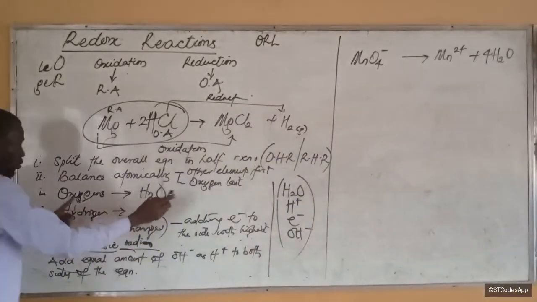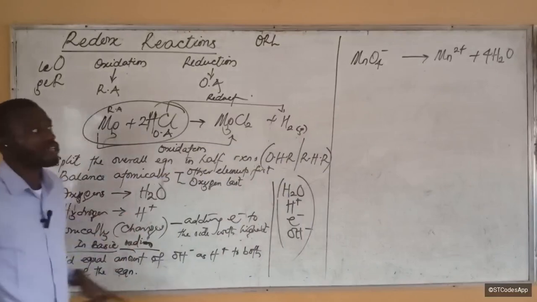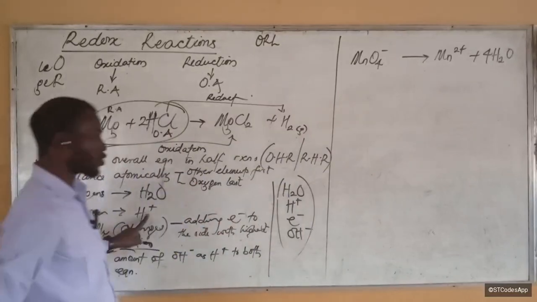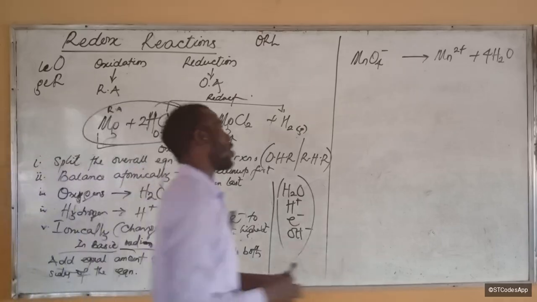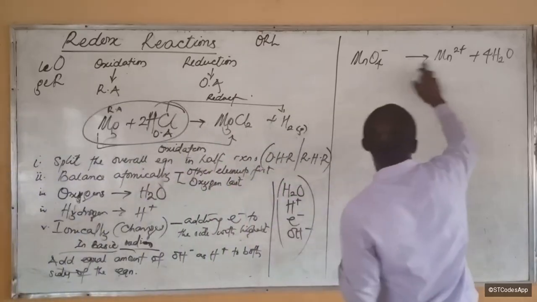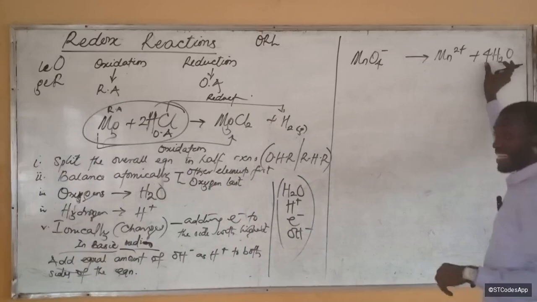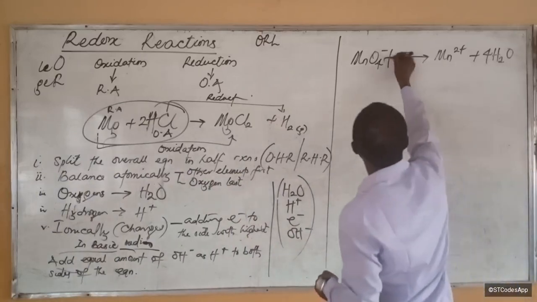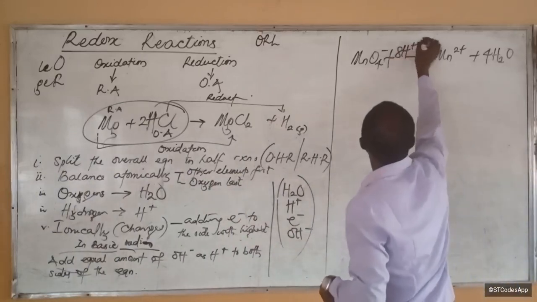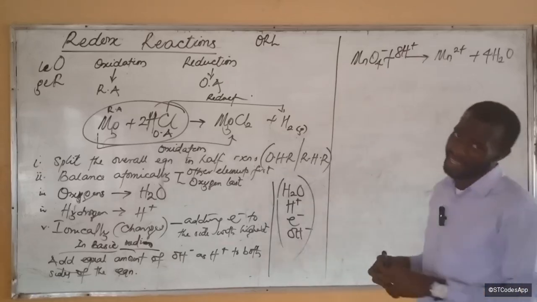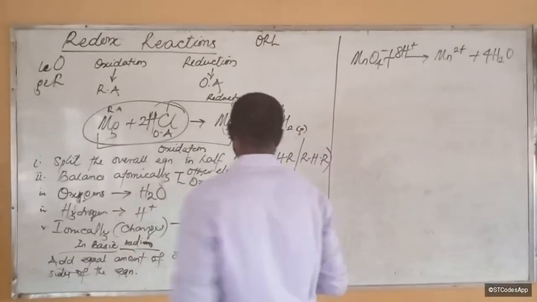After balancing with water, you have added hydrogen. So you need to balance hydrogen using protons. You have added 8 hydrogens, so you will add 8 protons. Is that clear? Good.